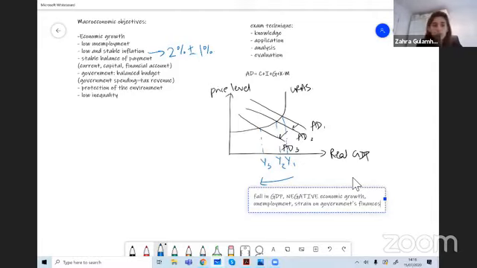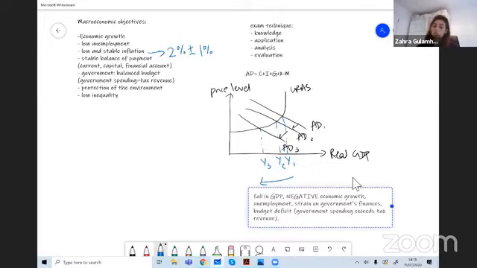Going back to 1, 2, 3, 4, fifth macroeconomic objective, we therefore have a budget deficit. Remember, what's a budget deficit again from year 12? A budget deficit is when government spending exceeds tax revenue. So we're going to have a budget deficit.